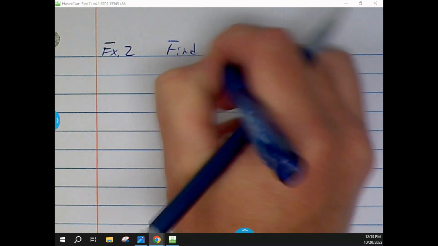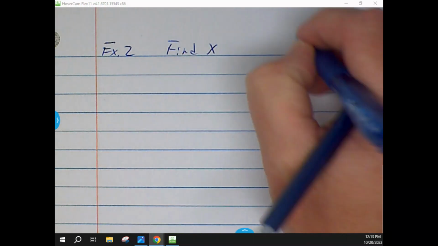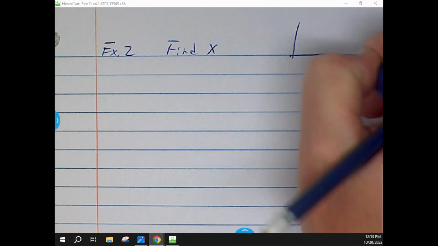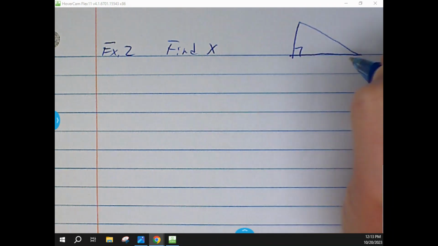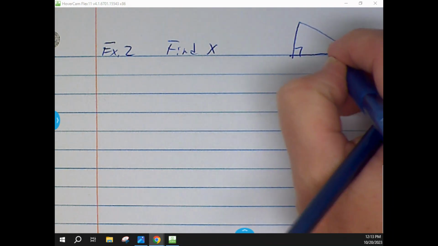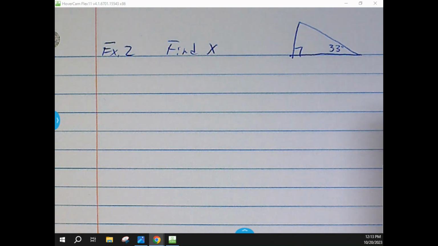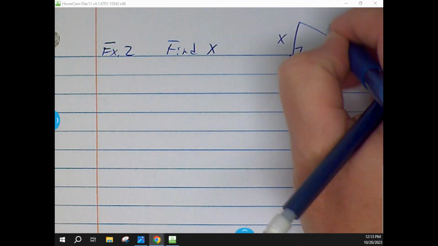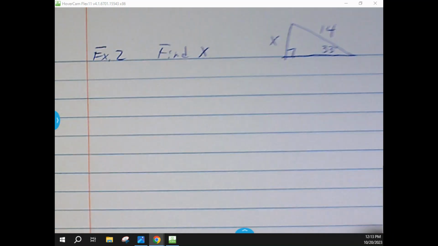Okay, for this one, we're not going to do the trig ratios. We're just going to find X. Okay, so there's our triangle.